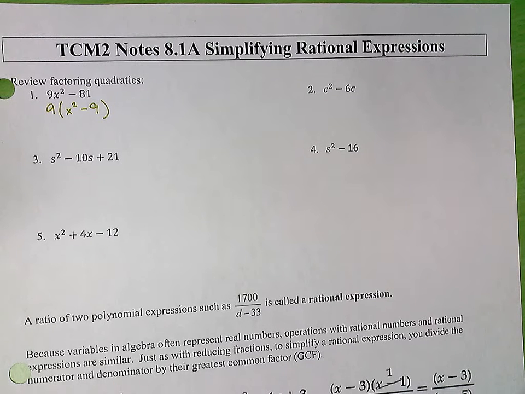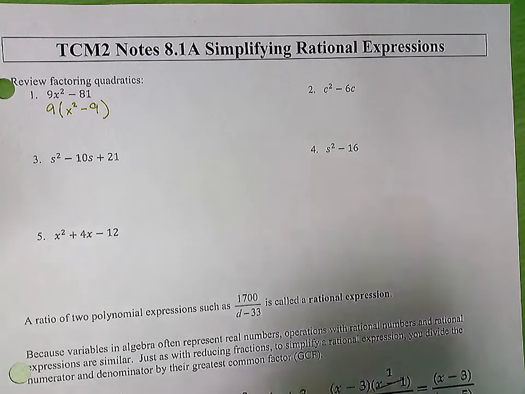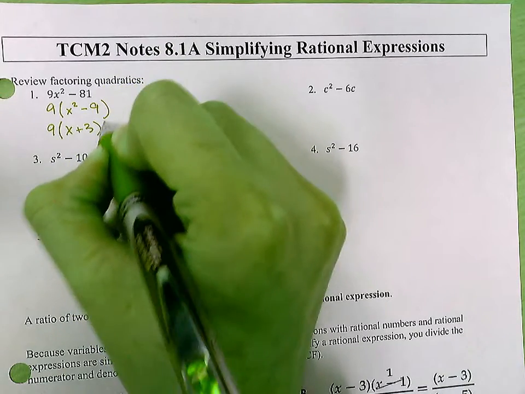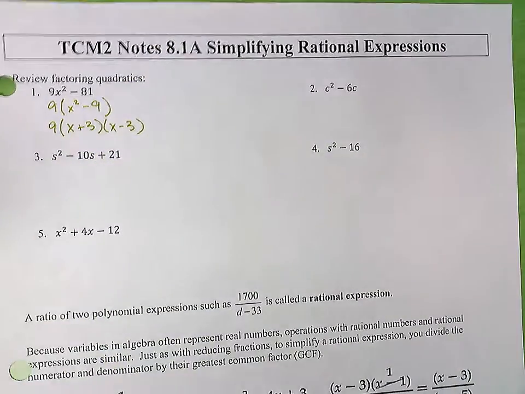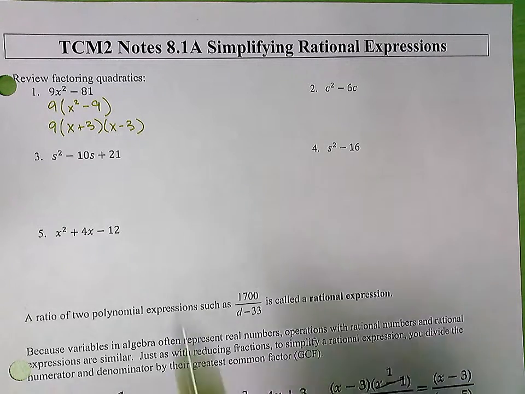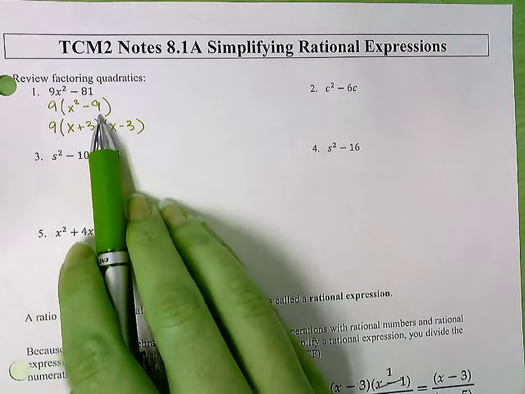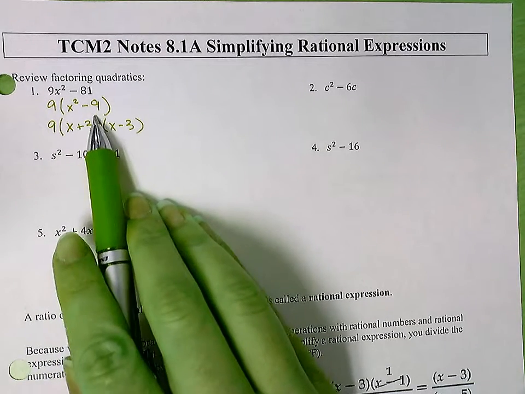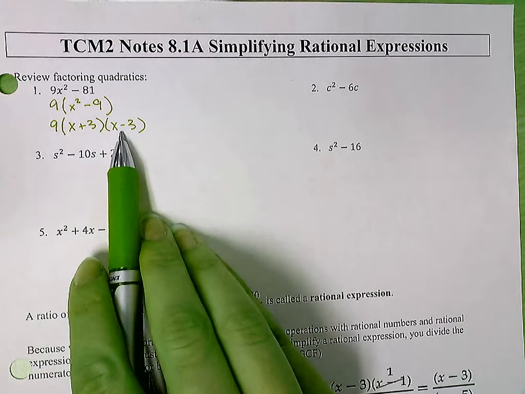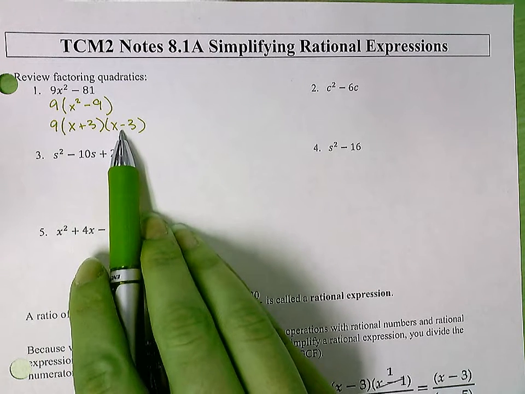From this point, I can also factor x squared minus 9. Okay? I can factor x squared minus 9 into x plus 3, x minus 3. So when you see x squared minus a perfect square, it can be factored into a plus and minus of those squares.